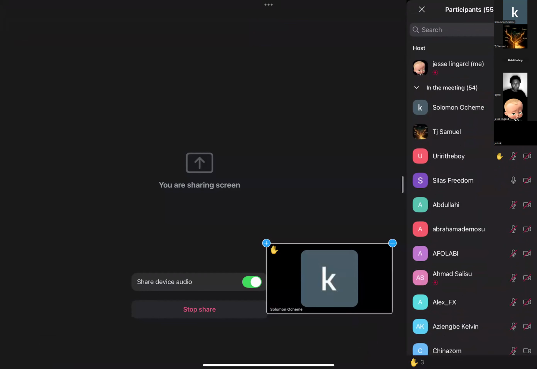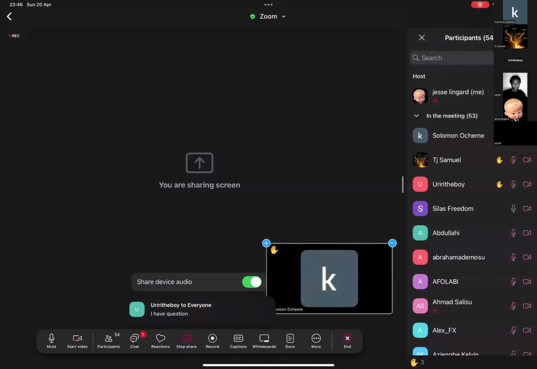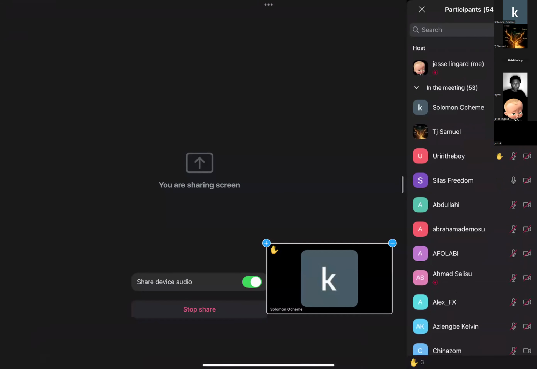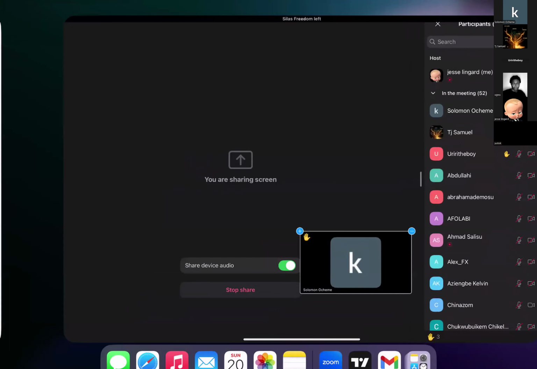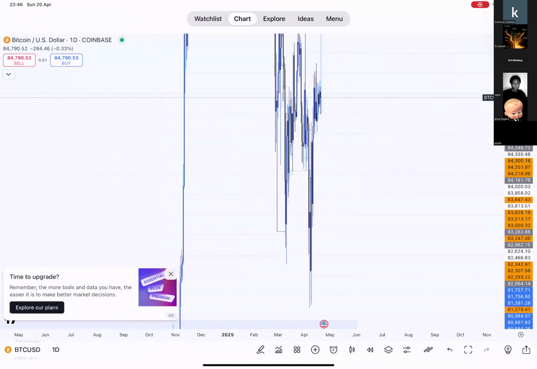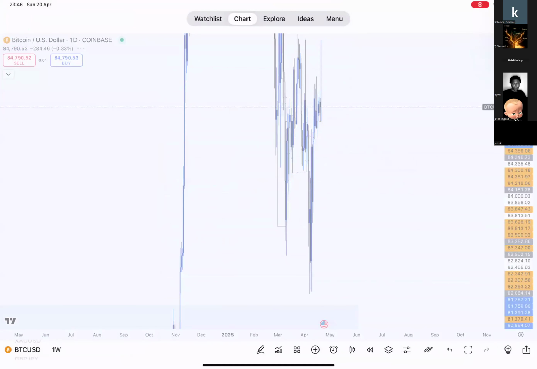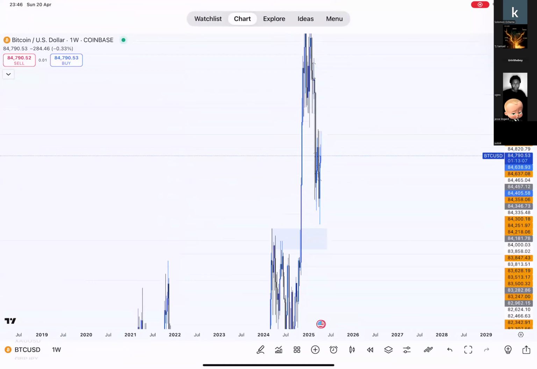My question is based on that BTCUSD. Can you go to your BTCUSD chart, 1 week time frame? So now, on this trade, we are expecting it to get to this breaker block, right?